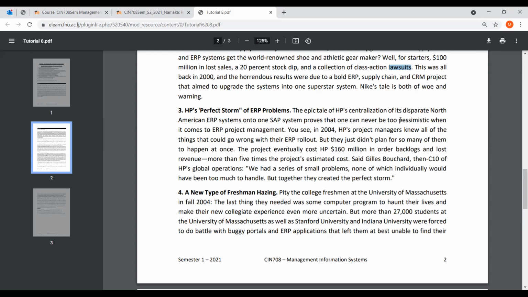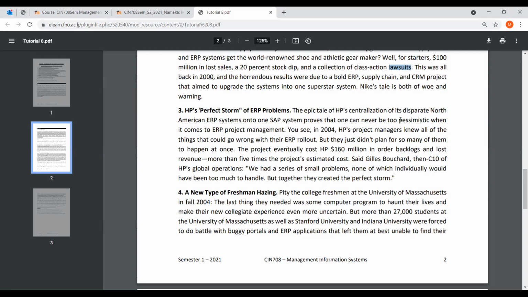Now what happened is the project managers at HP were implementing an ERP system, and they knew that something had gone wrong, but they thought it was manageable. The things that went wrong cost them $160 million, more than 5 times the project's estimated cost, and it happened because of so many things going wrong at once rather than 1 or 2.